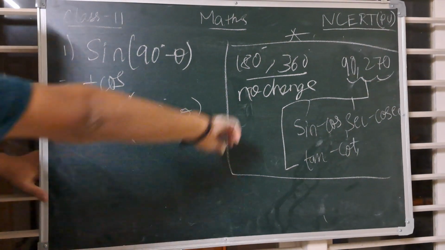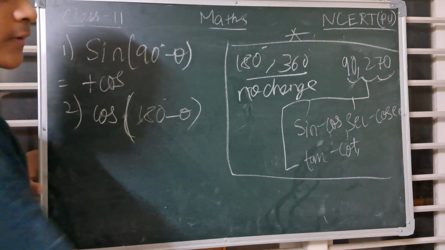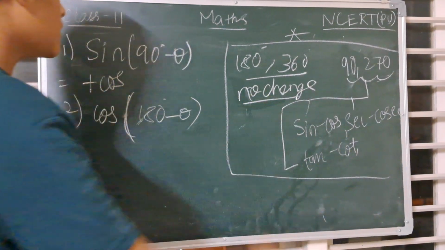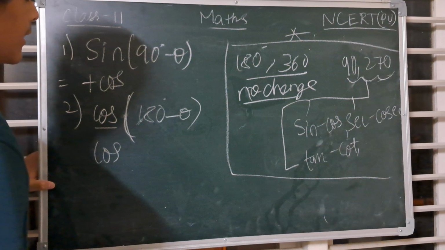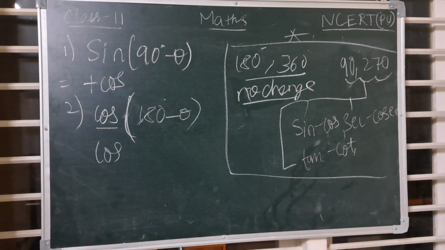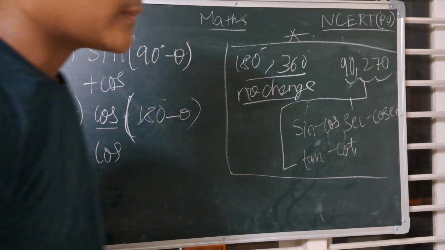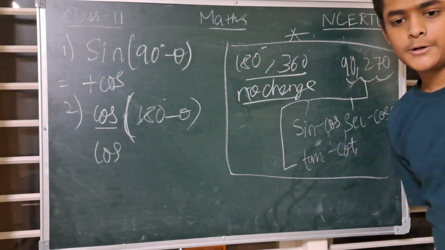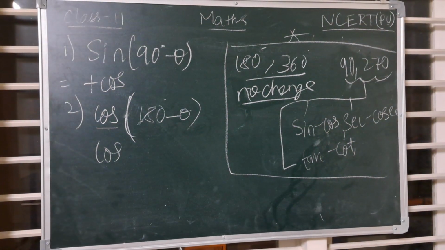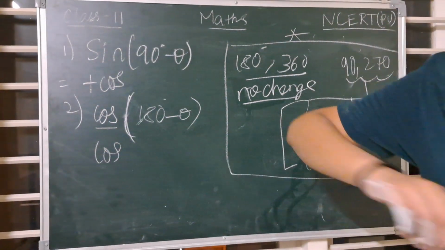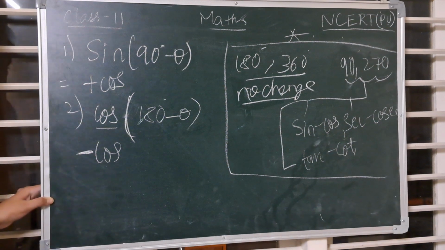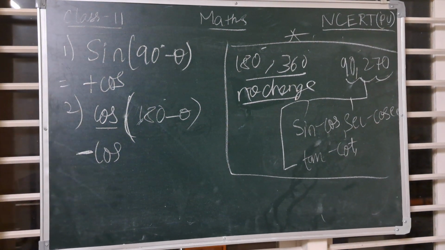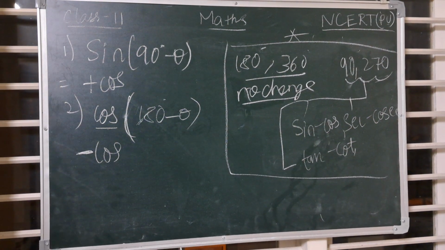Since it's 180, there is no change in the trigonometric ratio, so cos remains cos. 180 minus theta means the second quadrant. In the second quadrant, sine and cosecant are positive, but cos is not positive. So cos of 180 minus theta is minus cos theta.